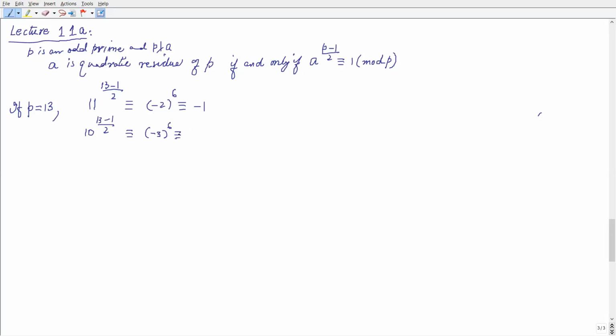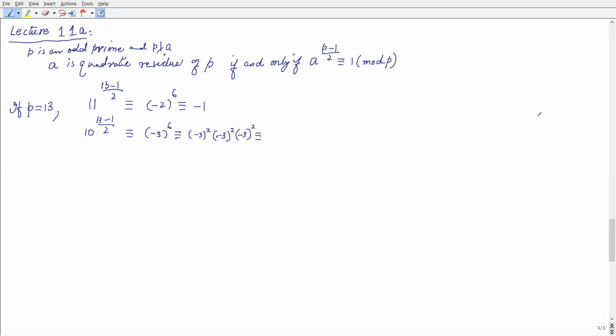You can write it as minus 3 squared times minus 3 squared times minus 3 squared.